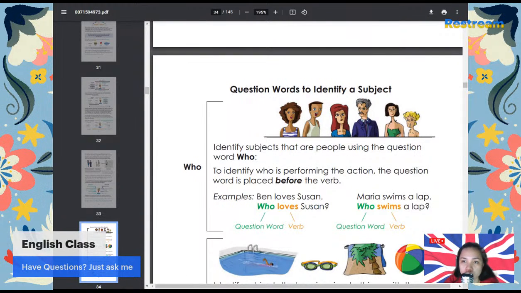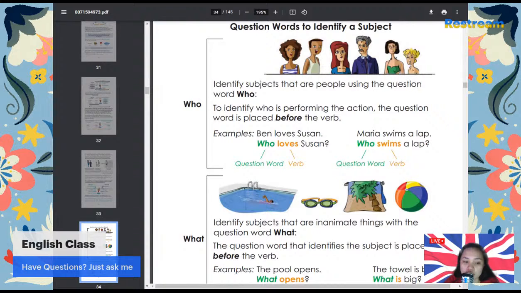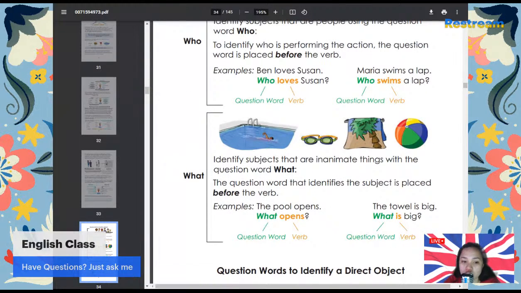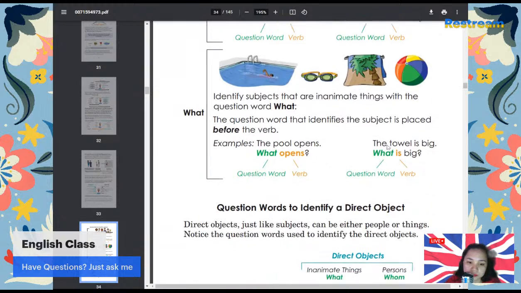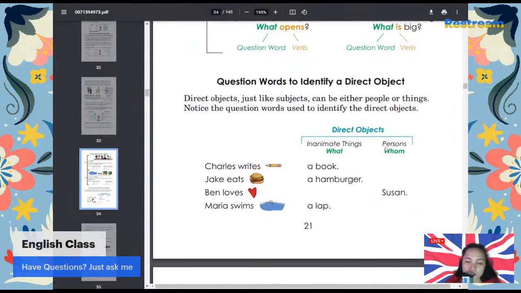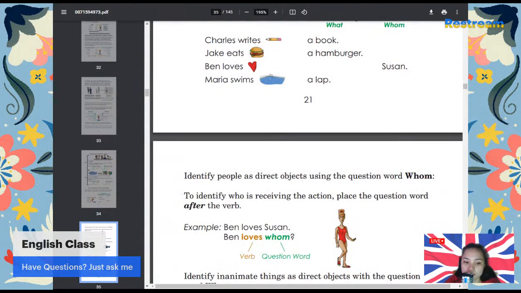Who is for when we're looking for a person as our subject, while what is for inanimate things. For direct objects, we also have the question words that we're going to use, which are what and whom, to identify the direct object.